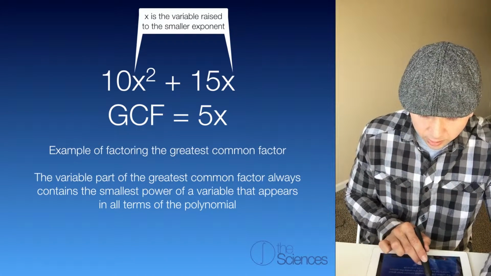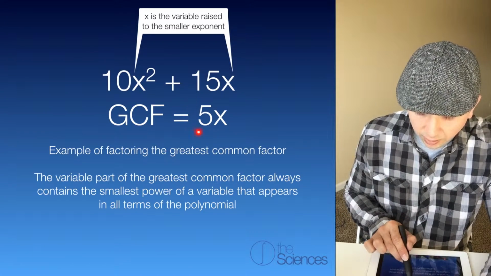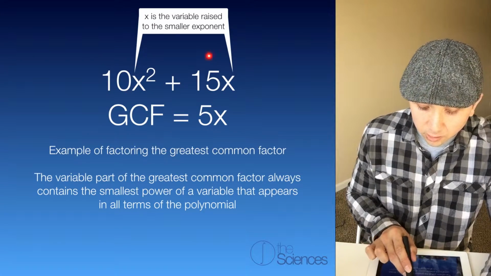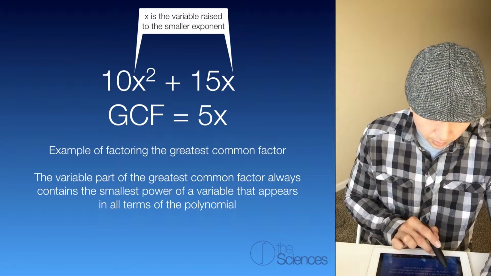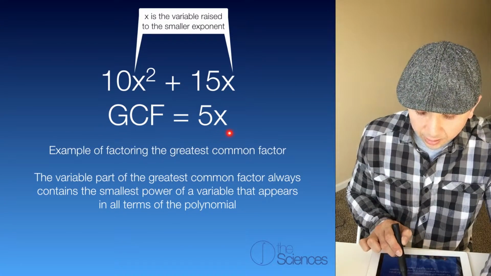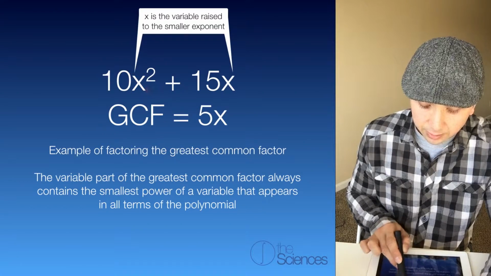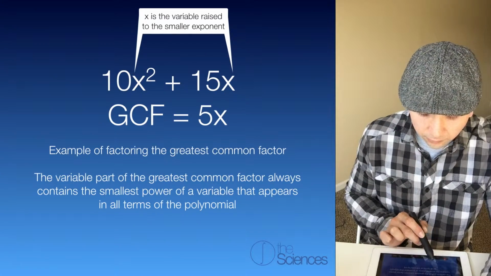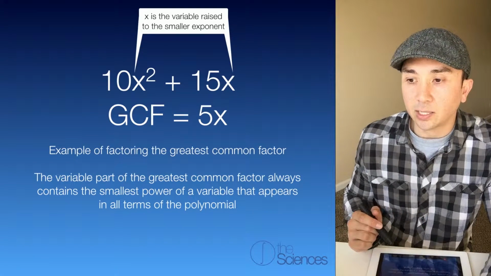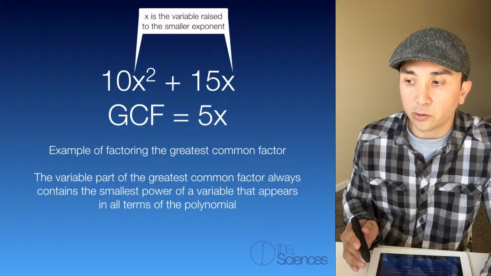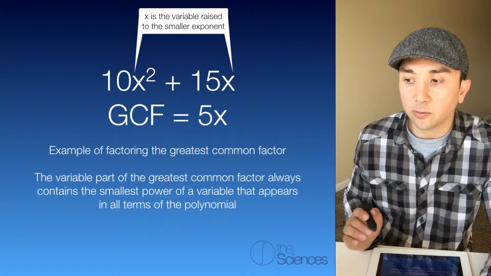Here, in our greatest common factor, we can factor out the term 5 from 10 and from 15. We could also factor out an x from x squared and x. Notice that the variable part of the greatest common factor always contains the smallest power of a variable that appears in all terms of the polynomial.